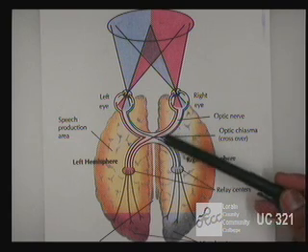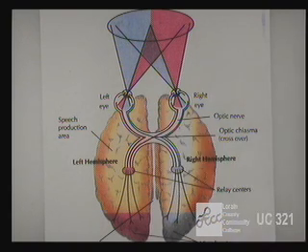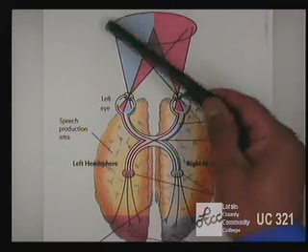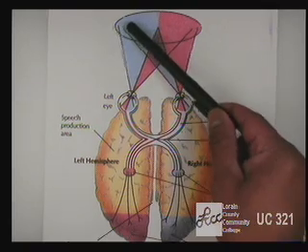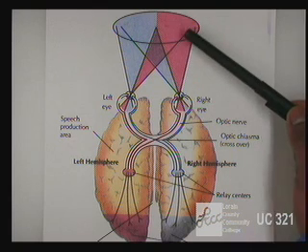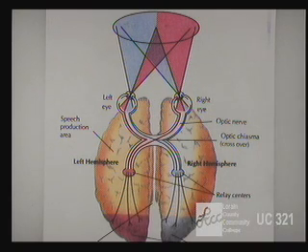But notice that the optic chiasm, the way the structures are set up, the optic chiasm is still intact. So it is still the case that anything you see in the left visual field, here in the blue, is going to be processed in the right hemisphere, and anything you see in the right visual field is processed in the left hemisphere. That is the case also for the split brain patient, as it is for the normal patient.